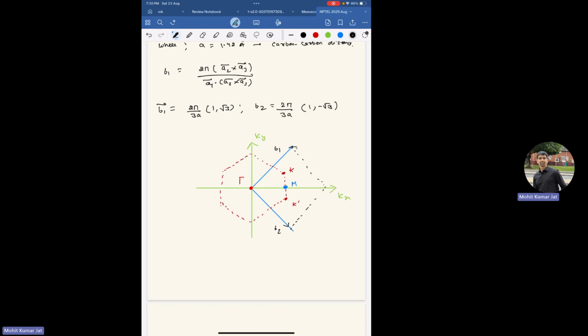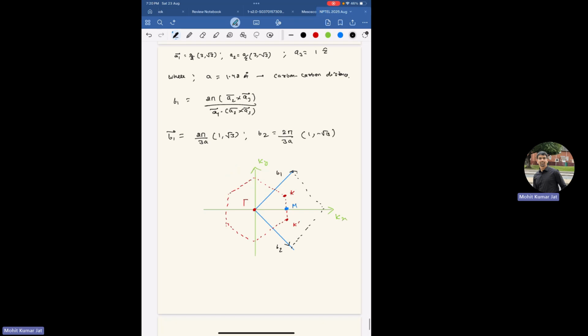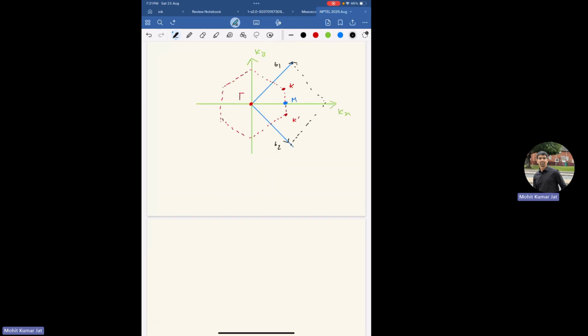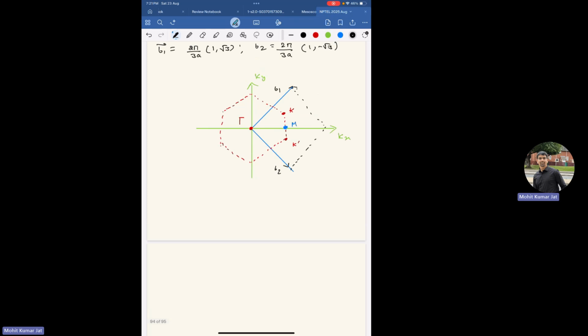This is b1 and b2. Now, if one asks what will be the coordinates of K1 and K2, you can write K1 as b1 plus 2b2 divided by 3, and the other will be just the opposite of it.